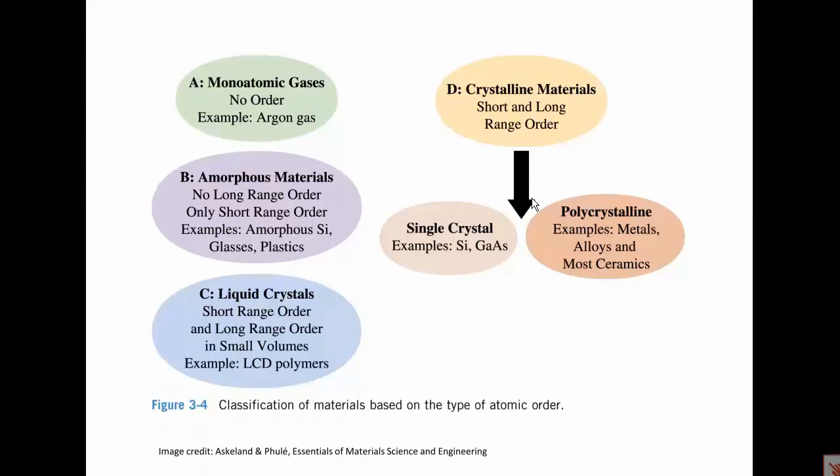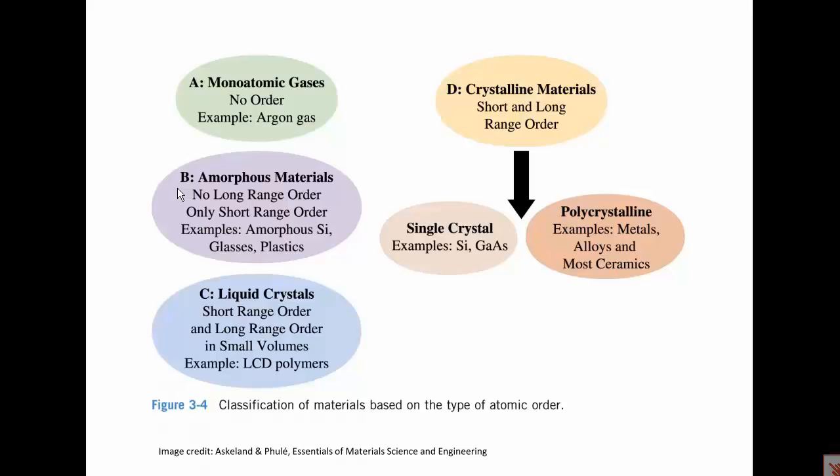The different types of order are illustrated in this diagram. In category A, we have the monatomic gases, which have no order. In category B, we have materials with short-range order.